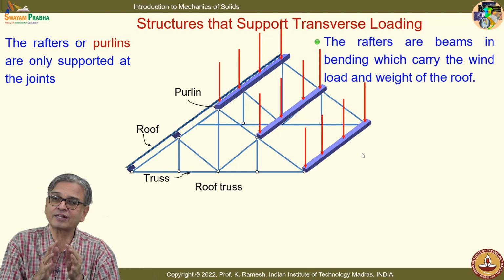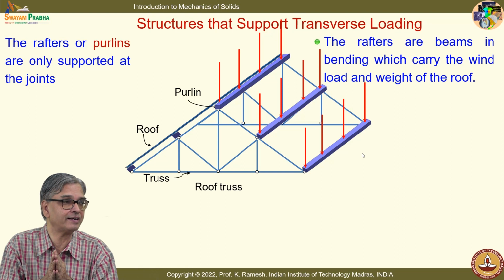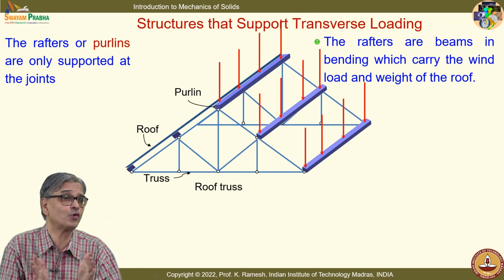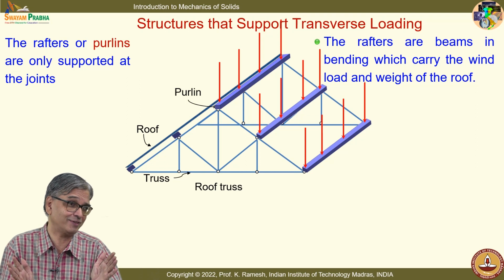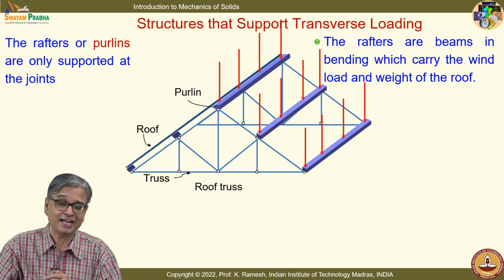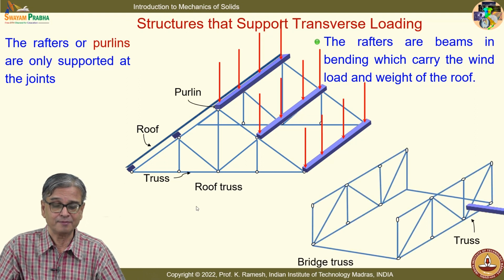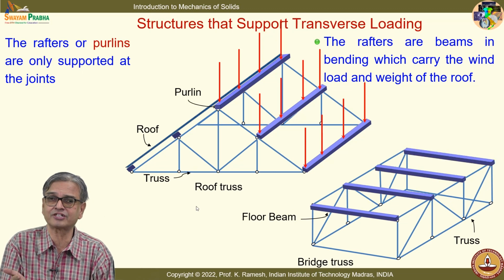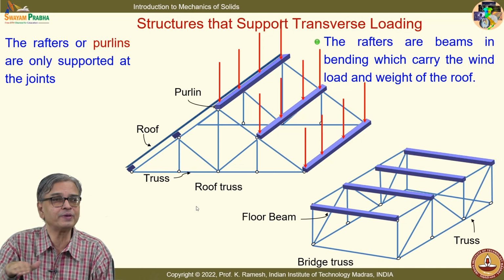See, tension or compression is easy to comprehend. Bending is not so. It has taken close to 400 years to understand. We are going to complete it in a few lectures. Fine. And you also have bridges. Many of these bridges have truss construction, and you have the floor beams.